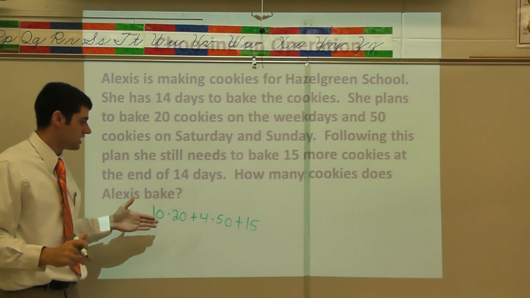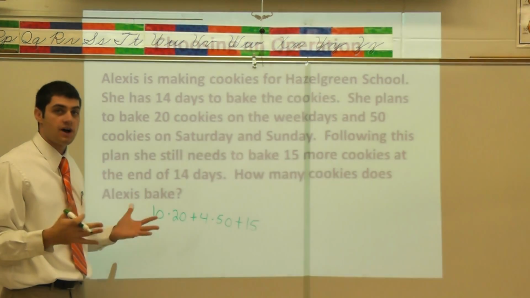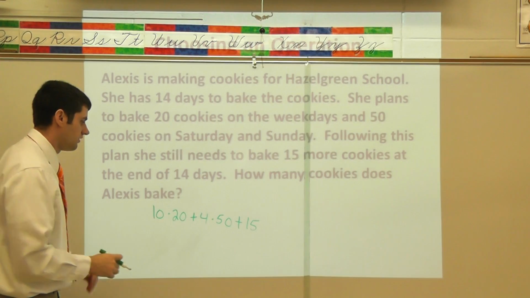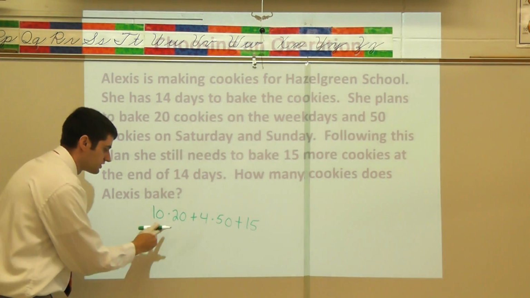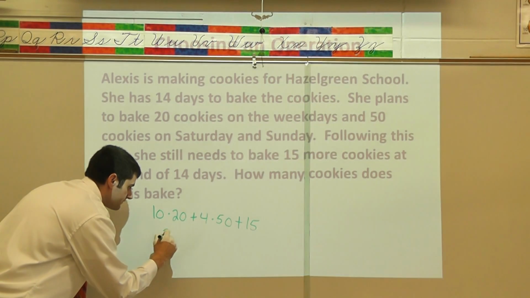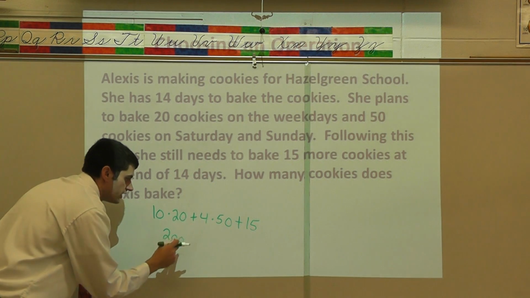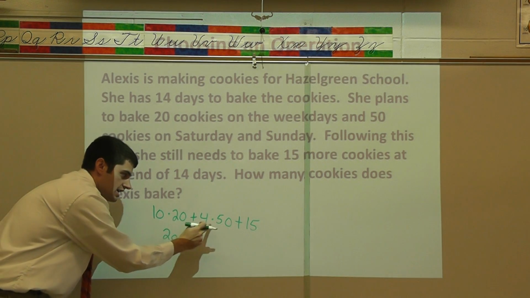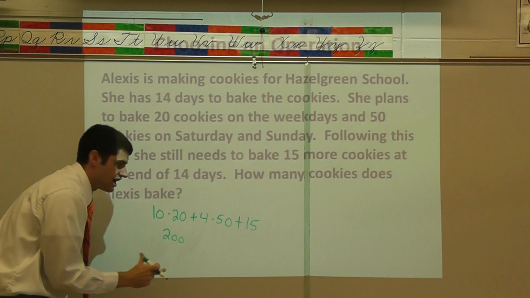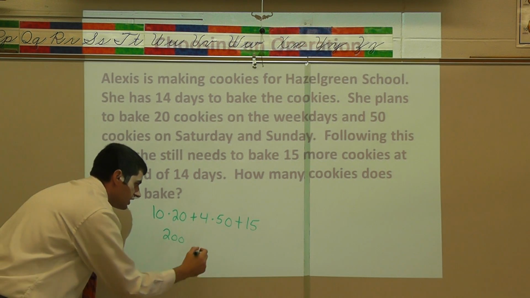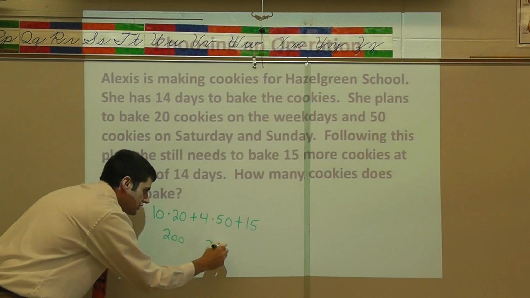I just took a look at my information, and now I'm going to follow the order of operations. Well, I know multiplication has to come first. So 10 times 20 is 200. Before I add, I have multiplication on this side as well. So 4 times 50 becomes 200.